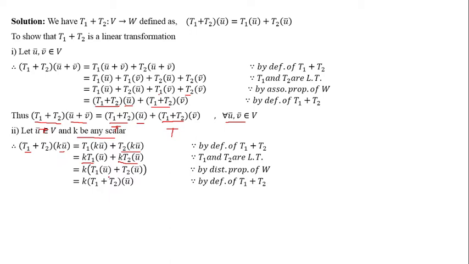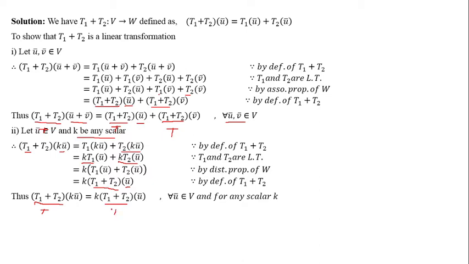So T1 operating on U bar plus T2 operating on U bar can be written as T1 plus T2 operating on U bar, and thus we have T1 plus T2 operating on KU bar. Now in this case, this is your T. So T operating on KU bar is K outside, T operating on U bar, and therefore T preserves it.